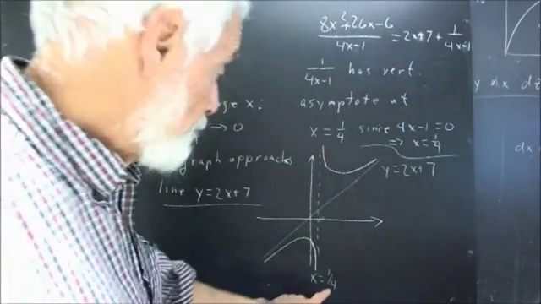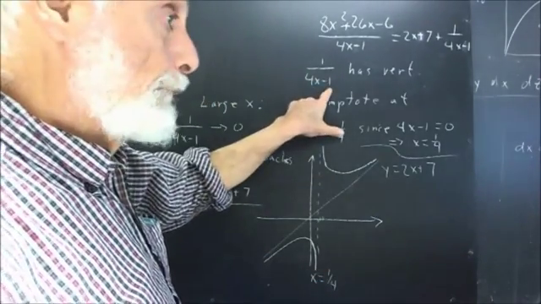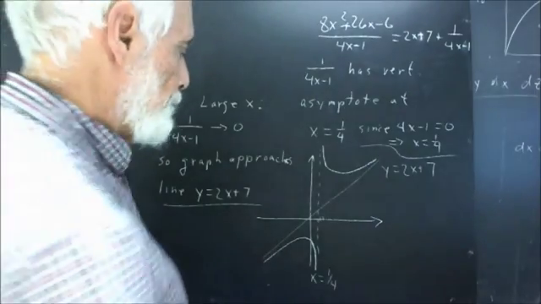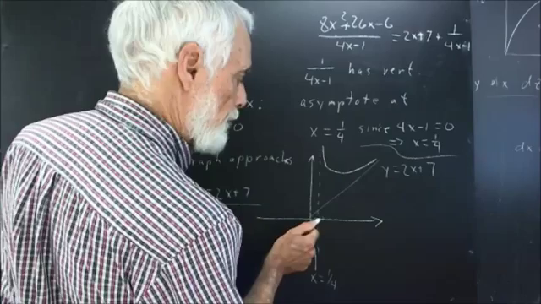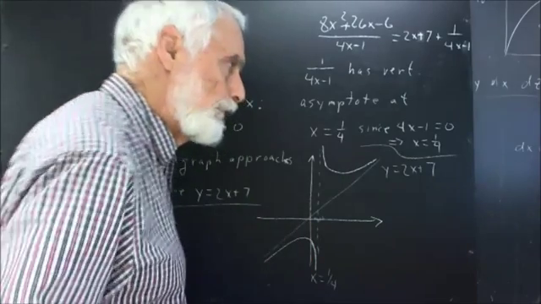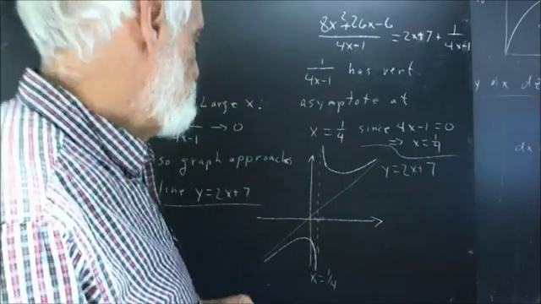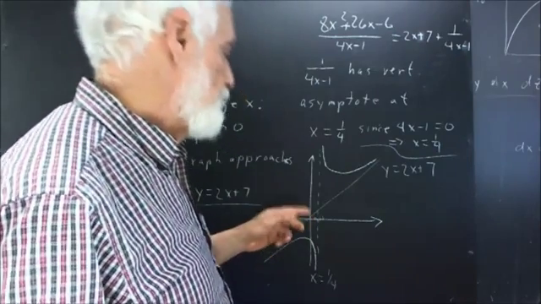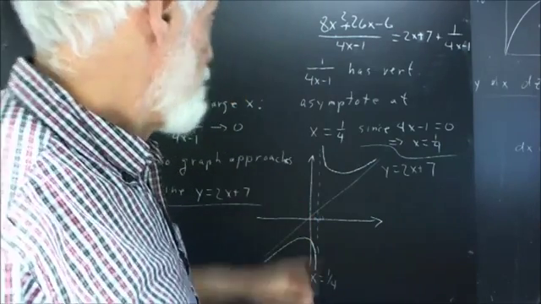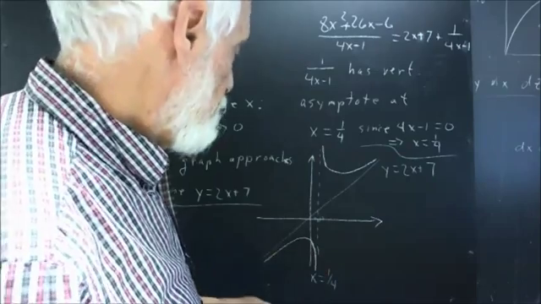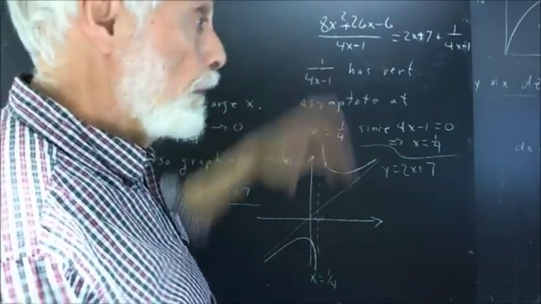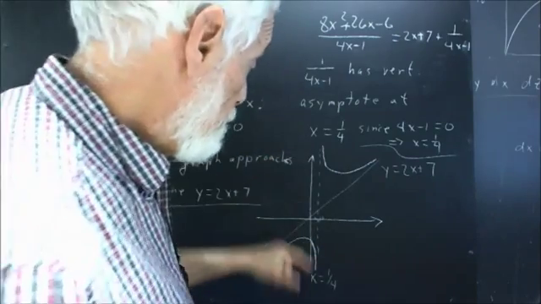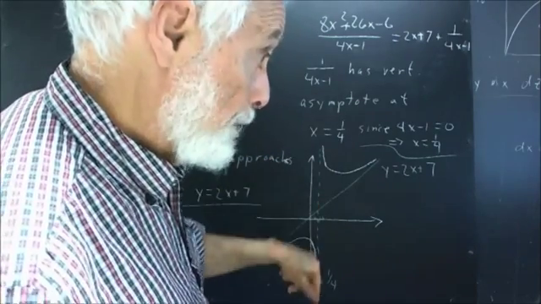On the other side of x equals 1/4, 4x minus 1 is negative. So as we approach from this side through x values less than 1/4, you're going to get tinier and tinier negative numbers to divide into 1. They still go in a whole lot of times, but it's going to be negative, and that gives you an asymptote like this.